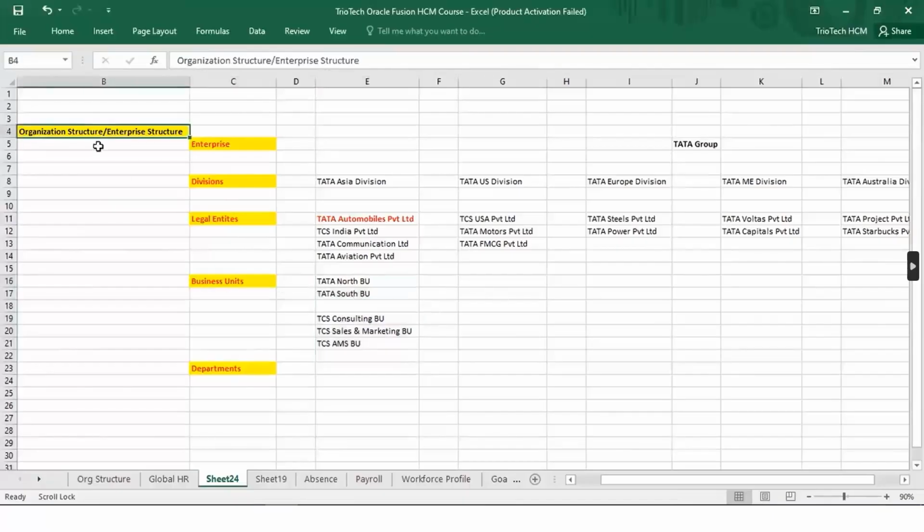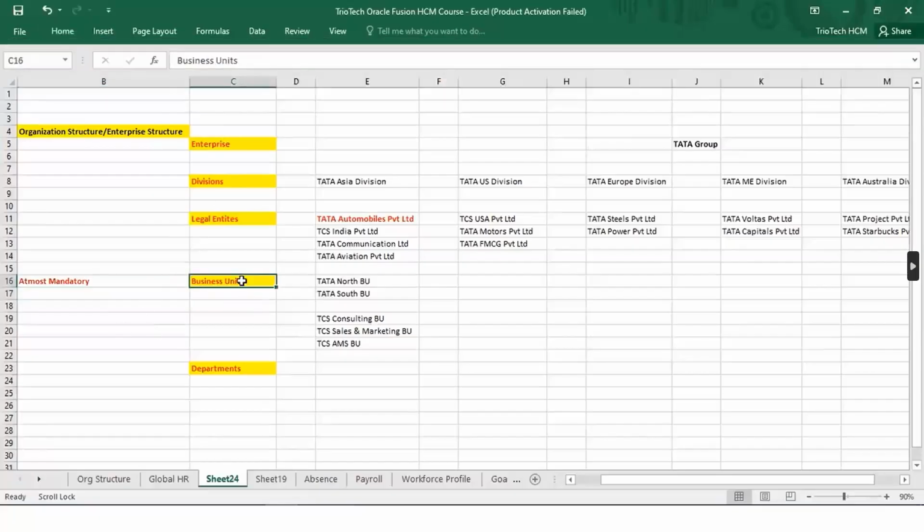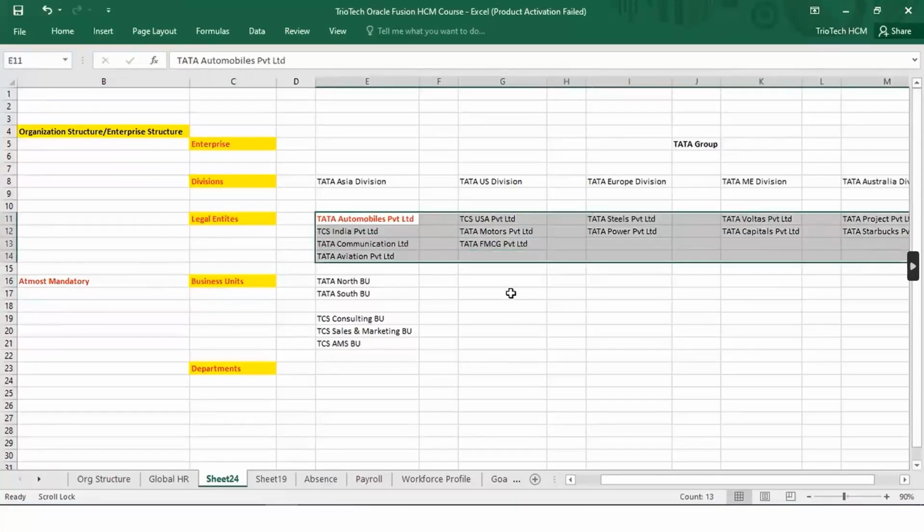In the entire organization structure, business units are utmost mandatory in the system. Means at least one business unit under each legal entity must be mandatorily created in the system.